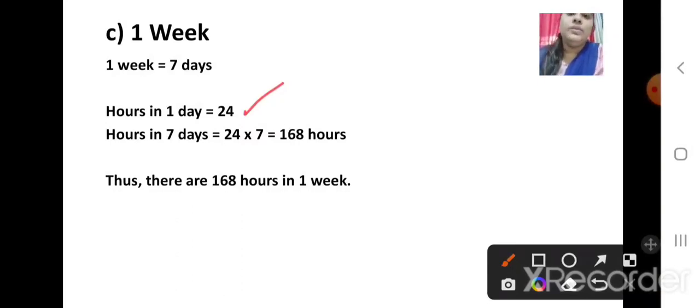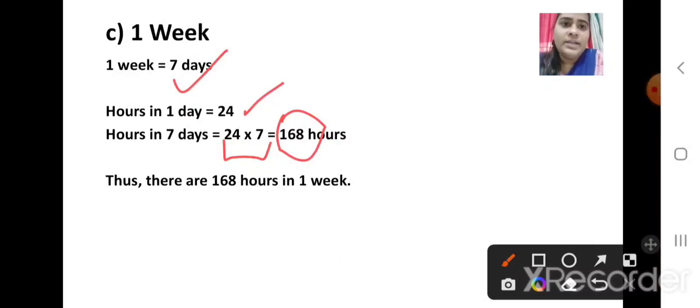If we know in 1 day how many hours are there, we can also find out how many hours are there in 7 days, correct? How will we find out? We have to multiply 24 into 7. Okay, so we will get the answer as 168 after multiplication.